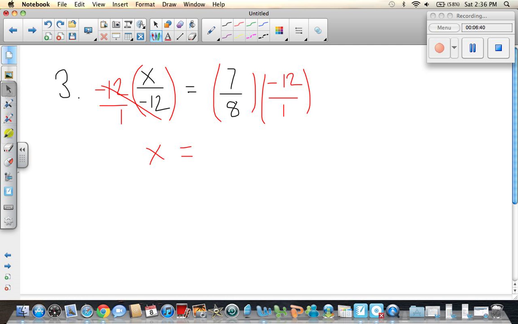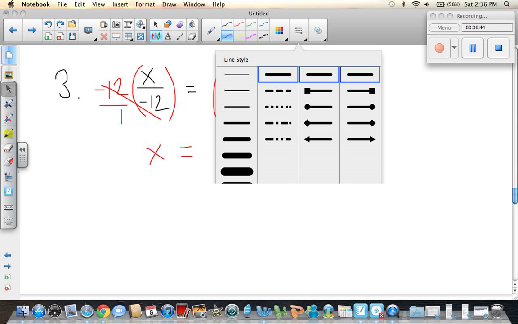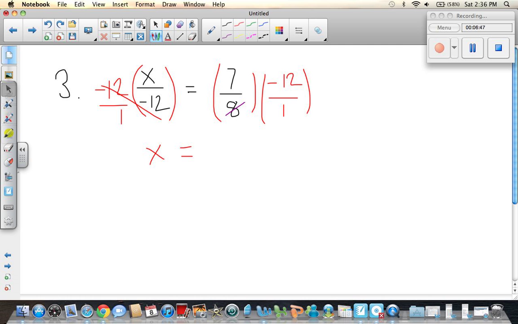And we're going to do some cross canceling here. The 8 and the 12 are both divisible by 4, and we'll call this a -12. So -12 divided by 4 is equal to -3. And then over here, 8 divided by 4 is equal to 2. So we multiply across now. 7 times the -3 is going to give us -21.